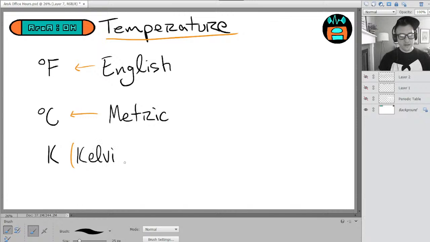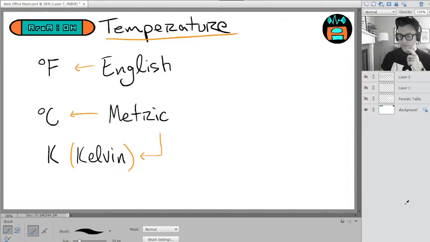The Kelvin scale is also metric. So we use both of these in the metric system. In the English system, we use Fahrenheit. If you're wondering why there are 2 different units, the reason will come into play when we look at the gas laws a little bit later this semester.